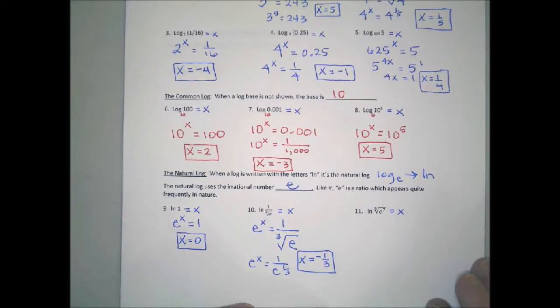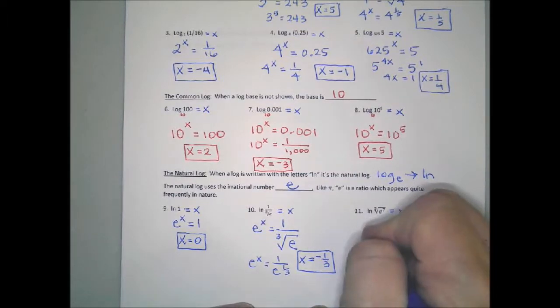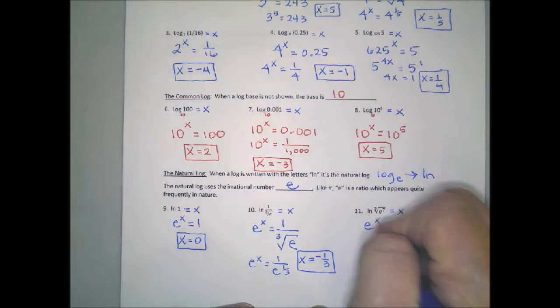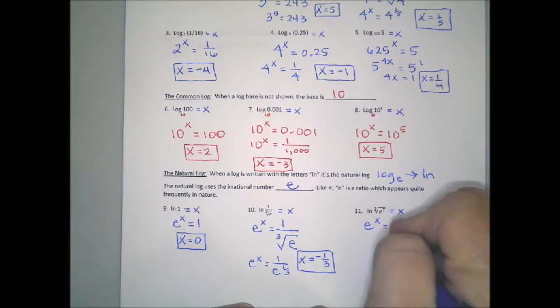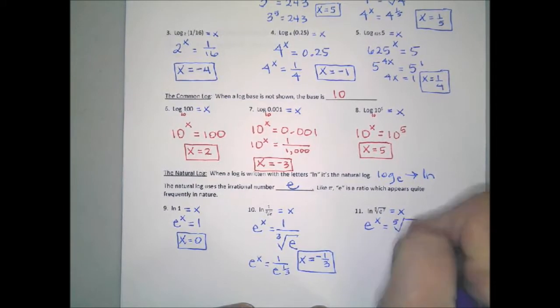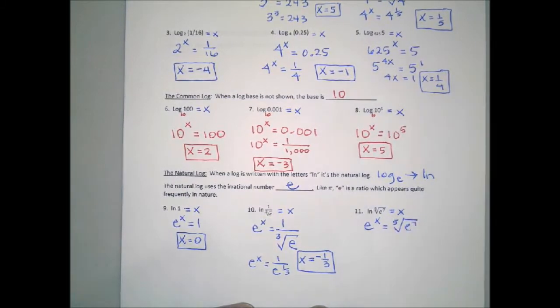Now the last problem, the natural log of the 5th root of e to the 7th equals x. So one more time, I'm going out of log form and into exponential, and since I'm in natural log, my base is going to be e. e to the x equals the 5th root of e to the 7th.